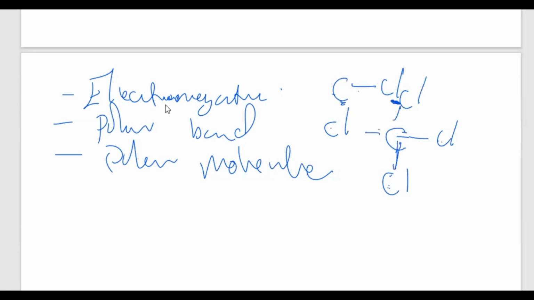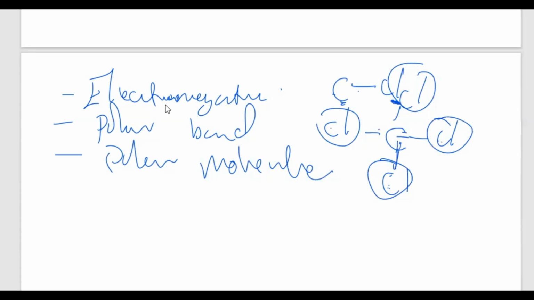Why? Because the force from this side and the force from this side cancel. Therefore, it leaves the electronegativity in this molecule to be zero. Hence, we shall say that the molecule is not polar, but the bonds between the atoms are polar. Hence, you have to know the polar bond and the polar molecule.